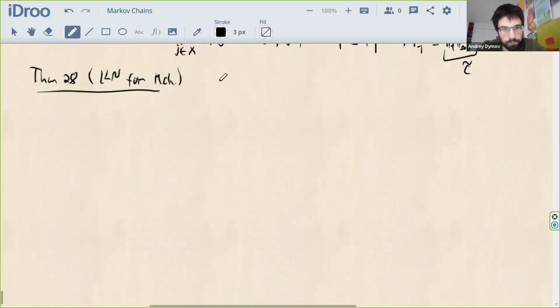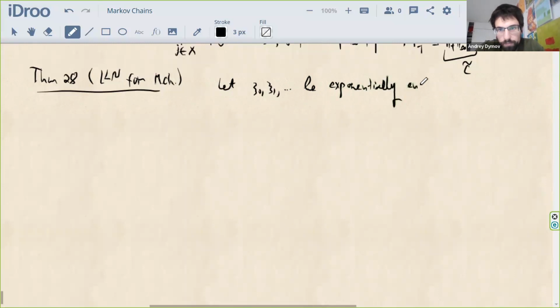Let psi0, psi1, etc. be an exponentially ergodic Markov chain.